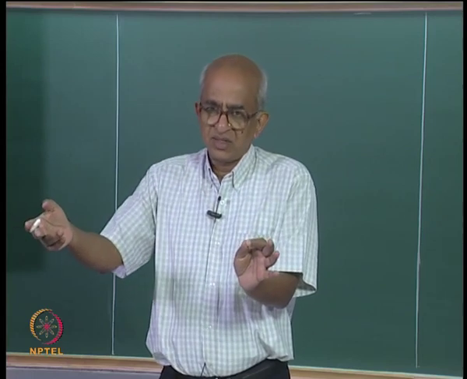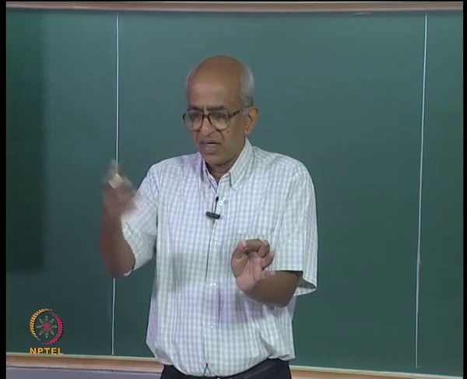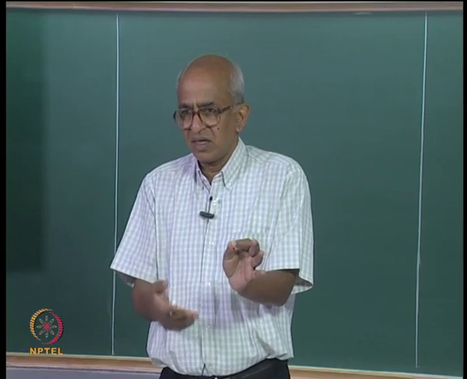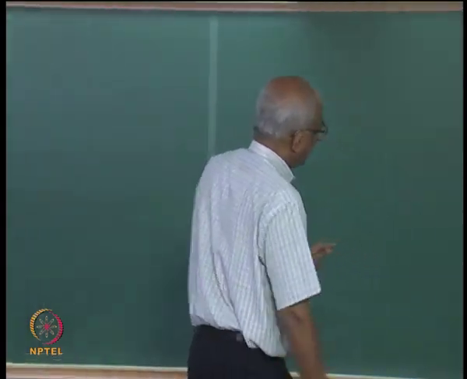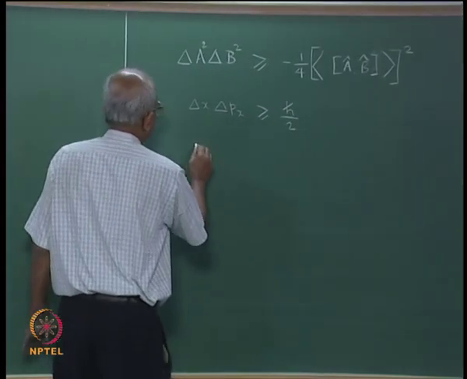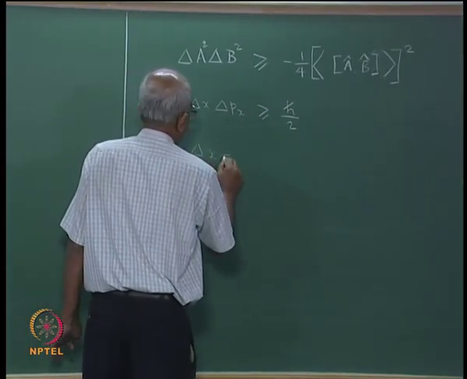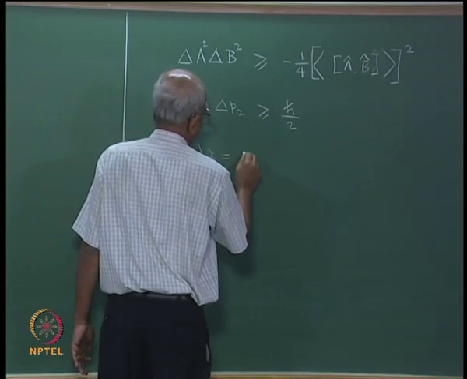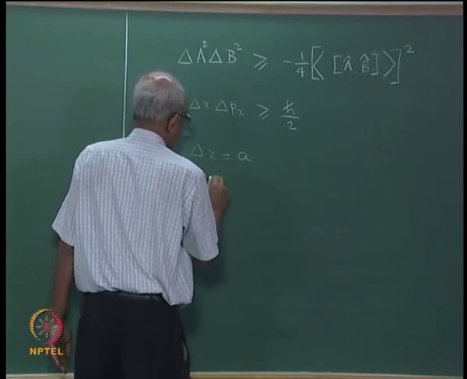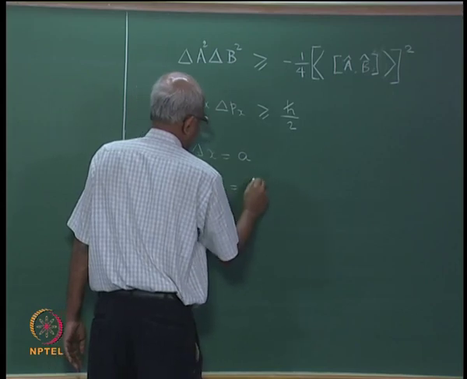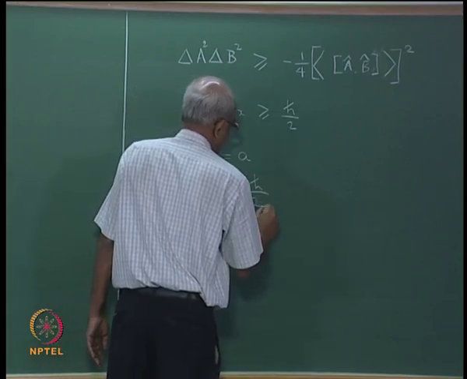the momentum becomes very uncertain. I mean, we did derive an expression for delta x and delta p, and if you look at that expression, what we found was, I am not going to write the wave functions, but if I said delta x is equal to a, then I found that delta px was actually h cross by 2a.